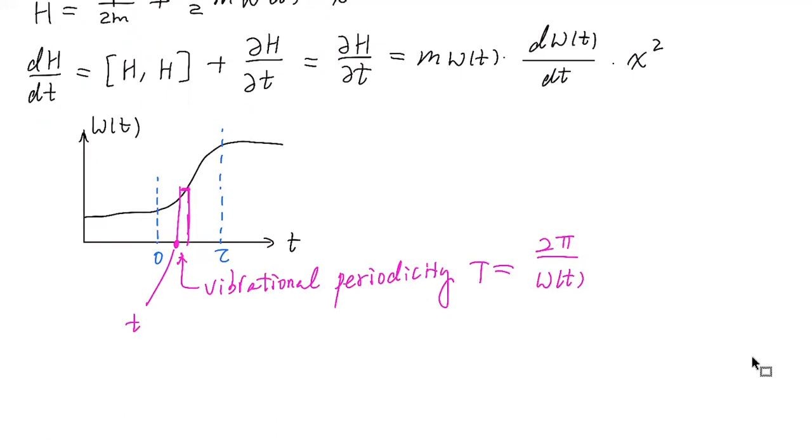At this particular point t, the corresponding omega is omega(t). Because we're considering a very tiny interval, we can reasonably approximate the vibrational periodicity within this small interval as 2 pi over omega(t).